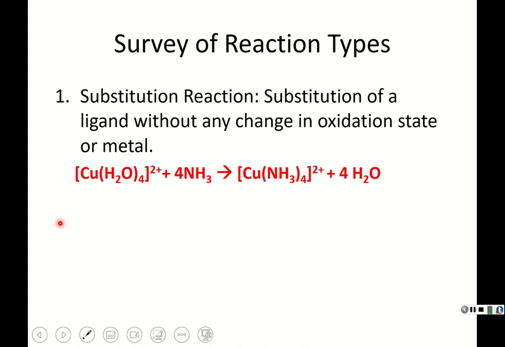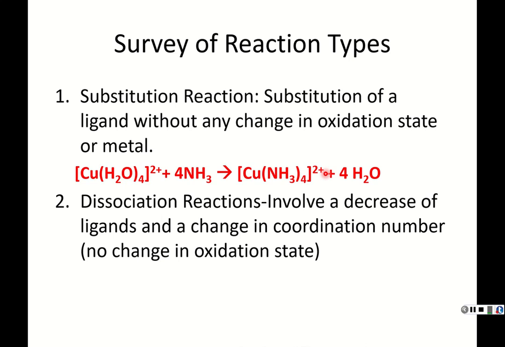An example here would be we have this tetraaqua copper in the +2 state, and then we substitute 4 ammonia groups in. So we've just substituted water for ammonia. In the coordination compound, there was no change to the oxidation state of the metal. So substitution, we're just substituting ligands or a single ligand.